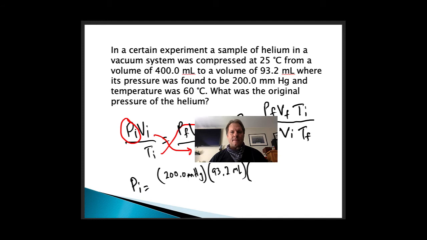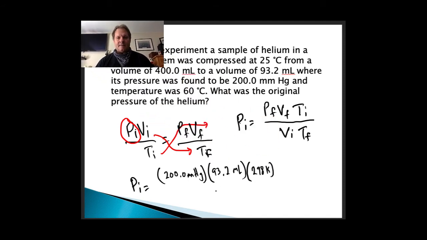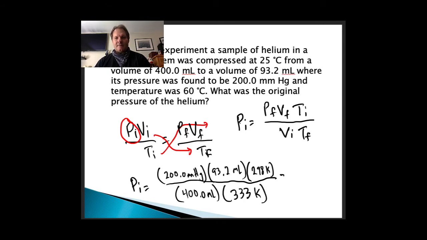Initial temperature, 298 Kelvin, divided by my initial volume times my final temperature. So it looks like 60 degrees, so 273 plus 60. And I get 41.7. What units? Well, my milliliters are canceling, my kelvins are canceling, so this is millimeters of mercury remaining.